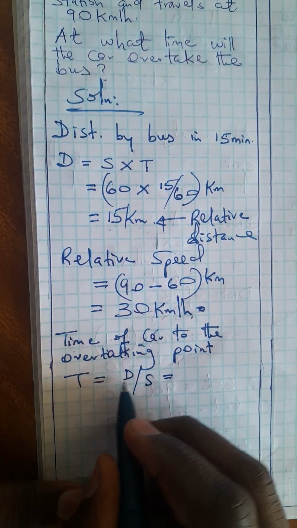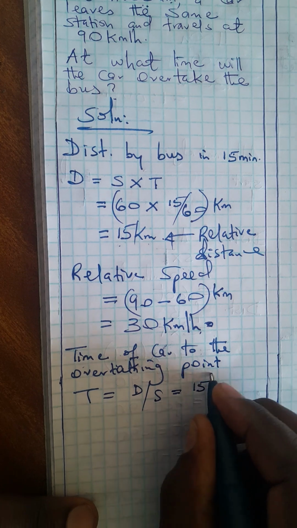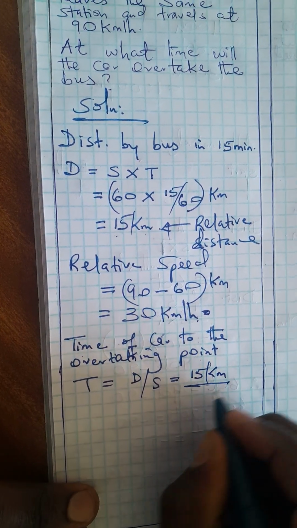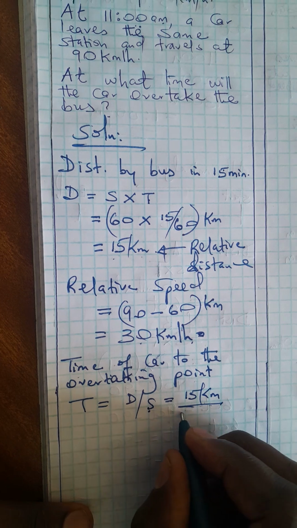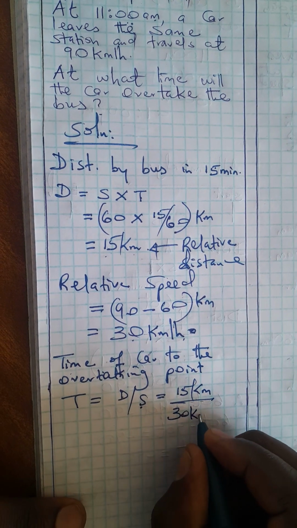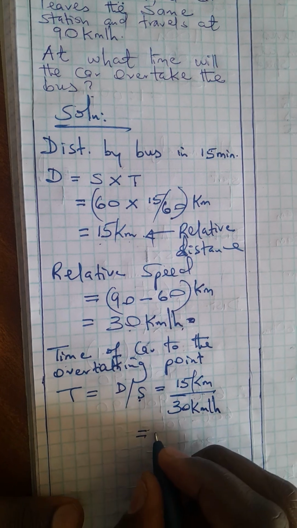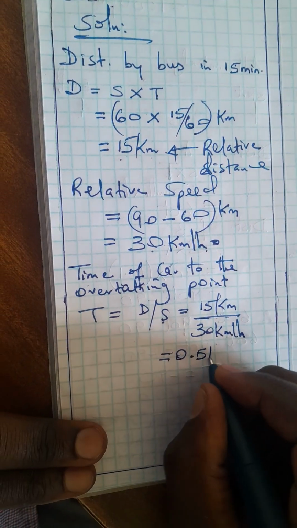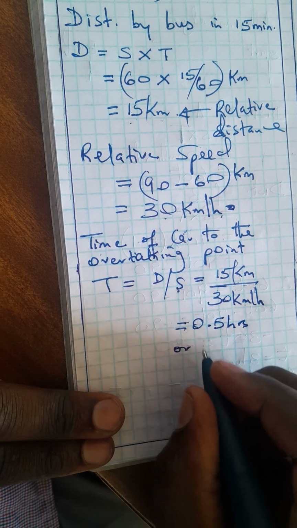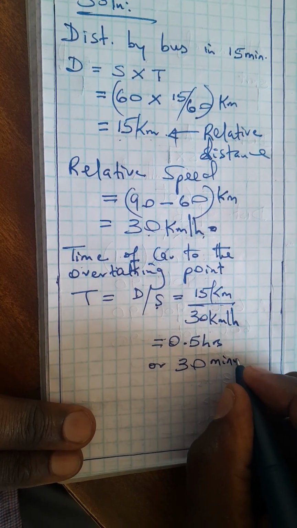The distance is the relative distance we got here, 15 kilometers, over the relative speed we got here, 30 kilometers per hour. This gives 0.5 hours, which is half of an hour, that means 30 minutes.